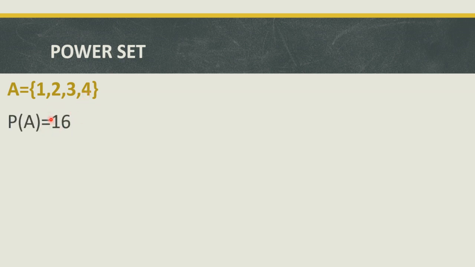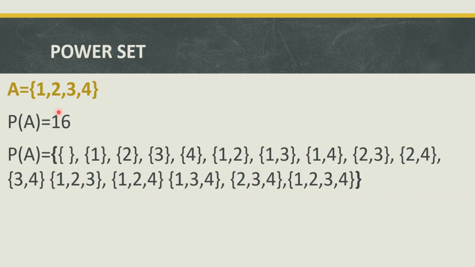This means we have to make 16 subsets of set A. So let's start. The power set of A is equal to: the very first set is the null set. After this we take the single elements and make the singleton sets. So we take 1, 2, 3 and 4.